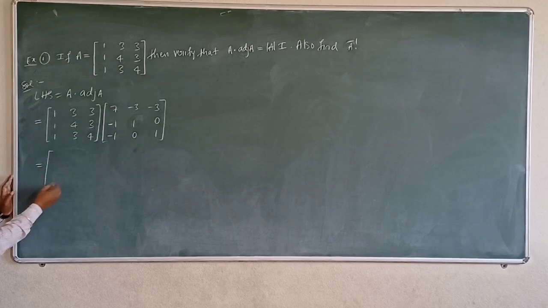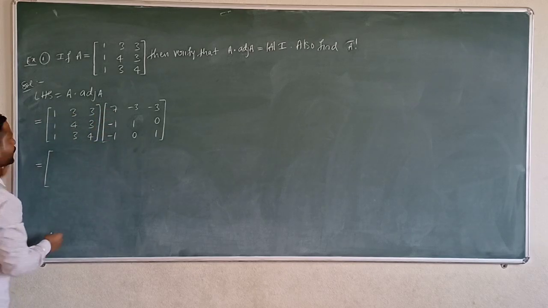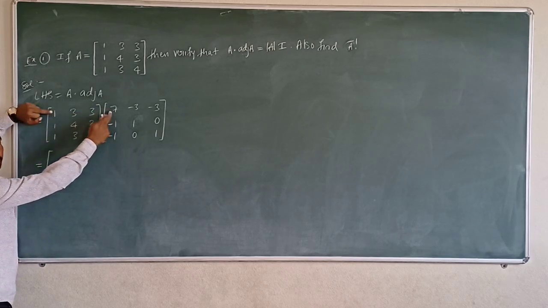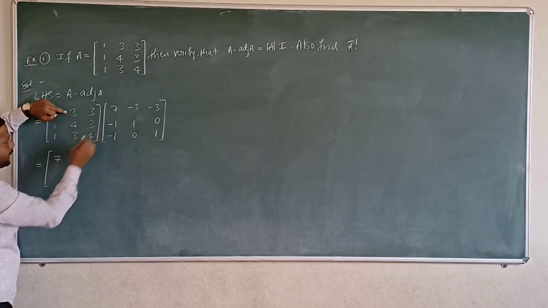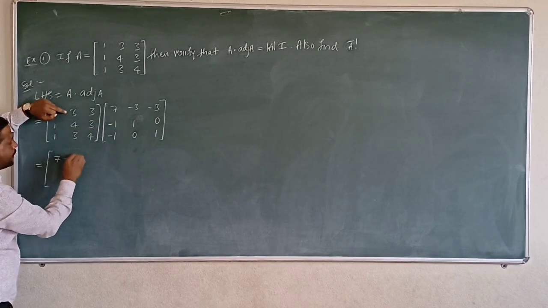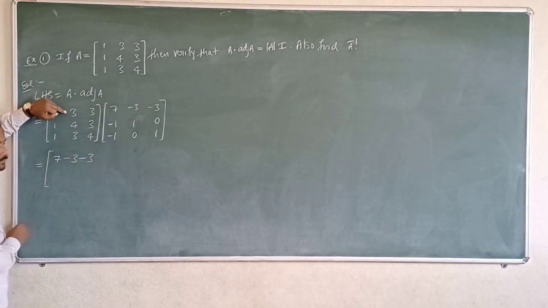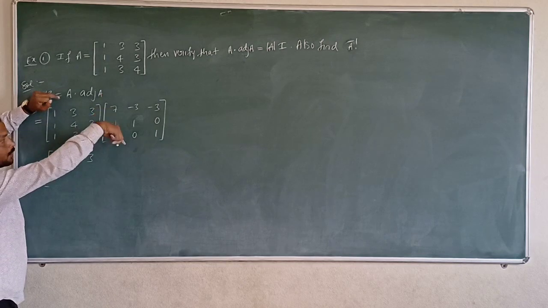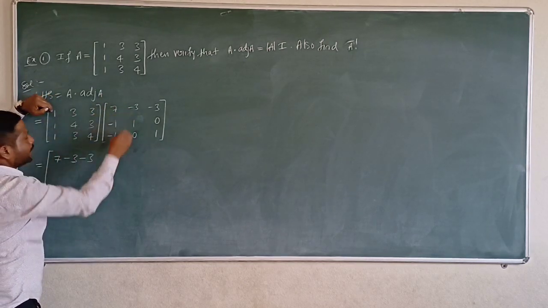Okay, take it as a 3 rows 3 column matrix. First row, first column: multiply here. Plus into plus plus, 1 sevens are 7. Plus into minus minus, 3 ones are 3. Plus into minus minus, 3 ones are 3. First row, second column: plus into minus minus, 1 threes are 3.